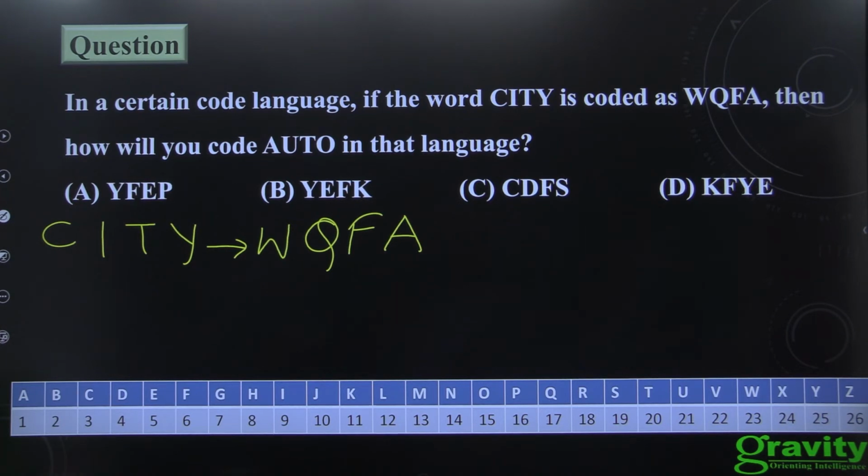B, correct. Ma'am, son, it is ma'am 5 minus 4 minus.